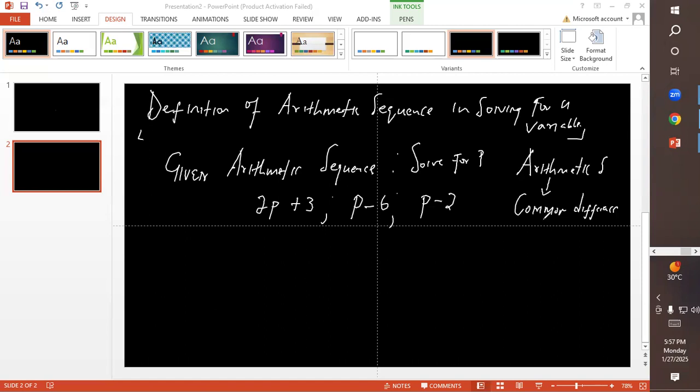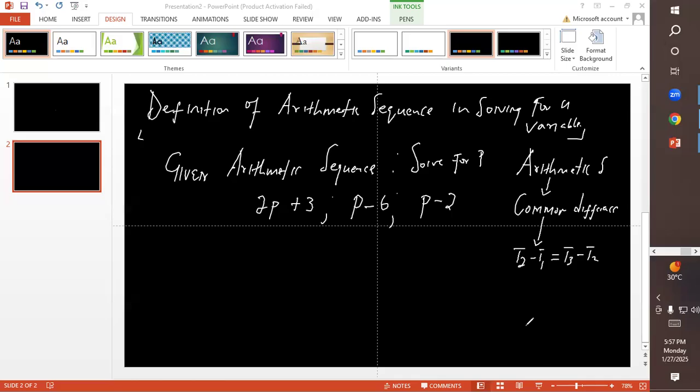What do we mean when we say the sequence has a common difference? We are simply saying term 2 minus term 1 is equal to term 3 minus term 2.